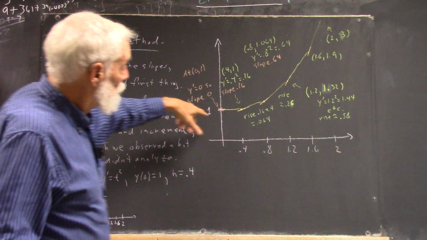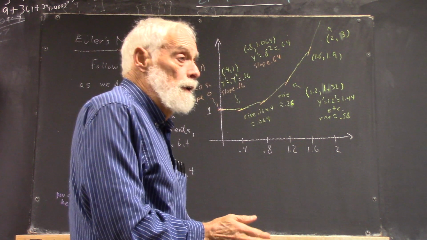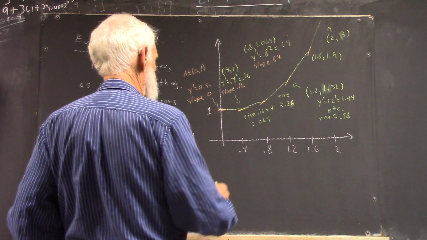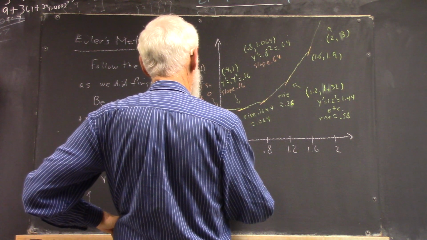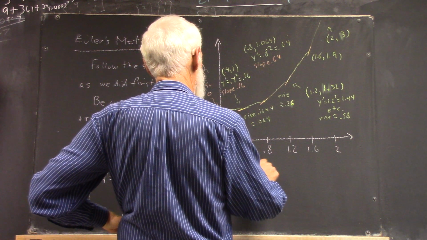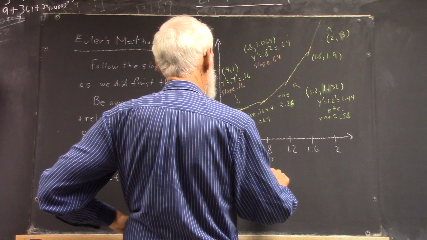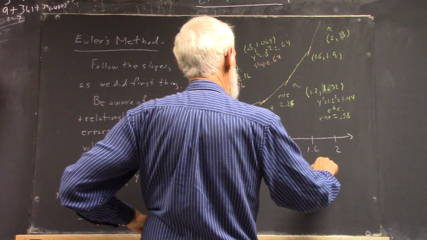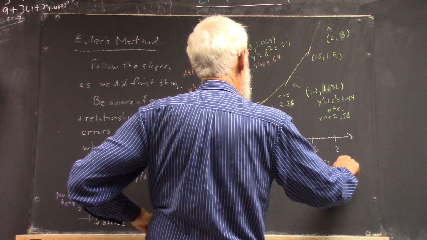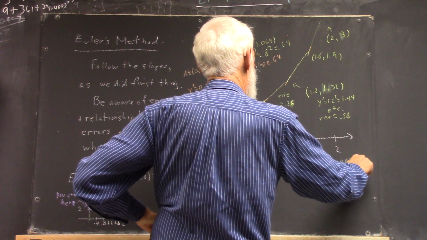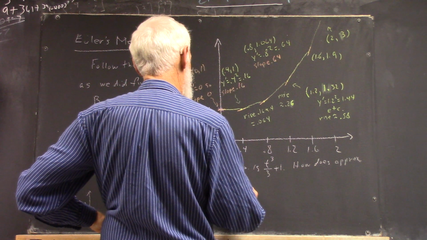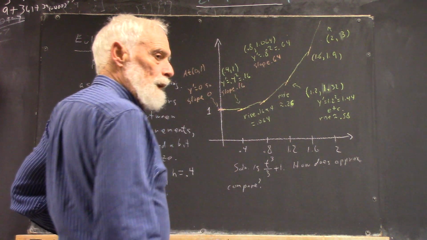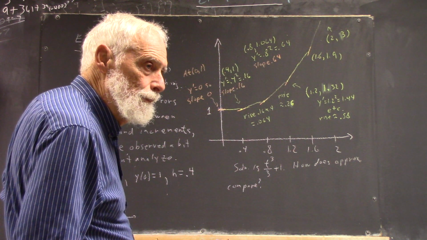And since we know the real solution is t cubed over 3 plus 1, how does the approximation compare?